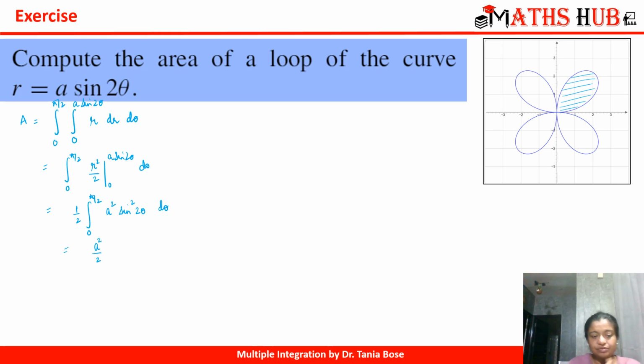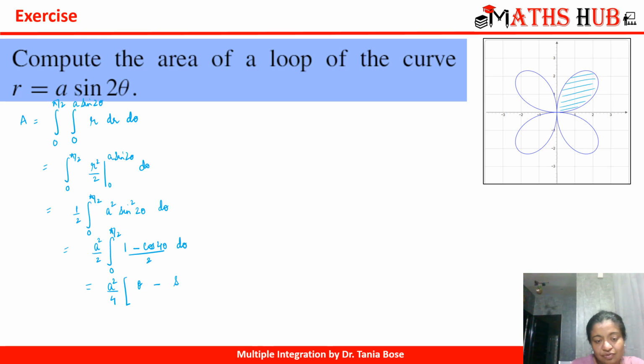So I can take out a square common. A square by 2. Sine square 2 theta, how can I express this? I can write it as 1 minus cos 4 theta by 2 d theta, right? So now this is a square by 4. 2 is taken out. Integration of 1 is theta.